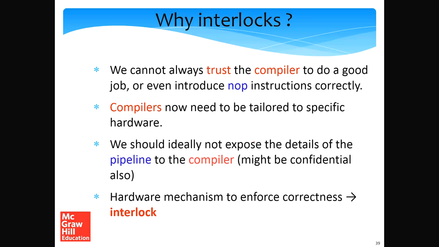We cannot always trust the compiler to do a very good job and insert no-op instructions correctly. Also, if you are going for software solutions, you are always tying the compiler with hardware, which is not the best idea. We are also exposing details of the hardware, which the hardware manufacturers might not be very keen to do. That's the reason we need a mechanism entirely implemented in hardware. It's called an interlock.